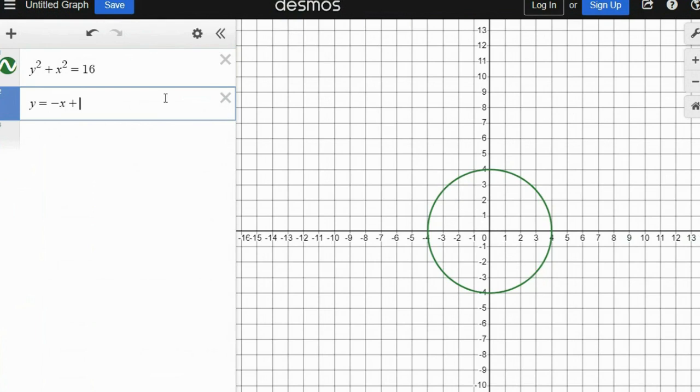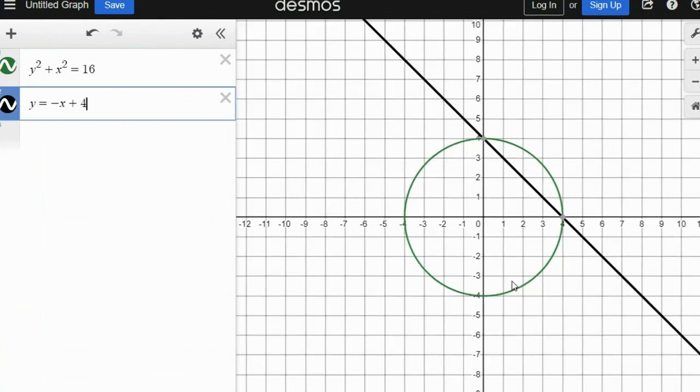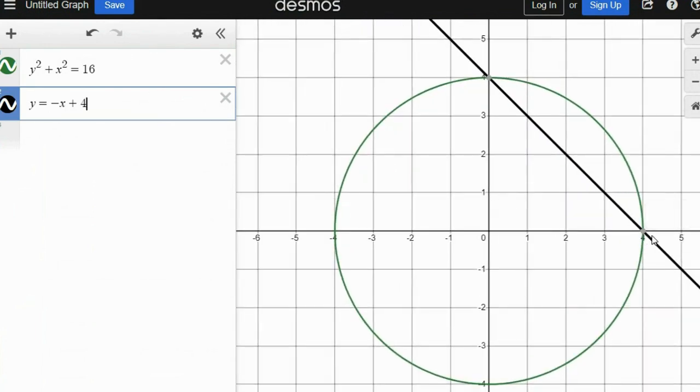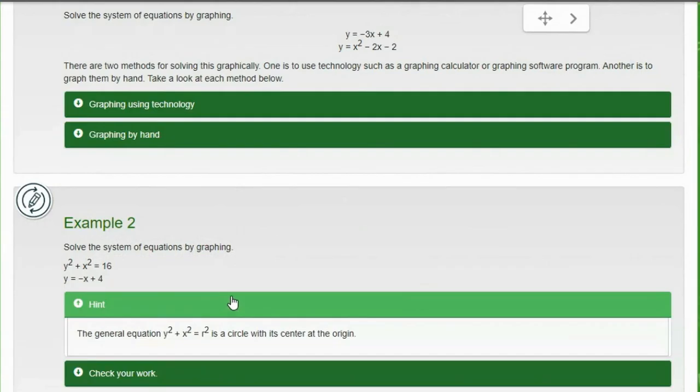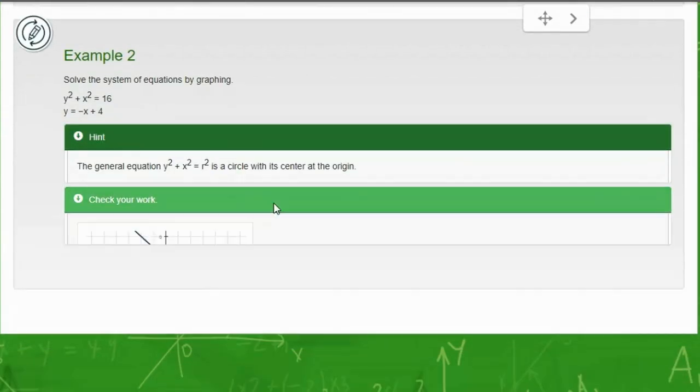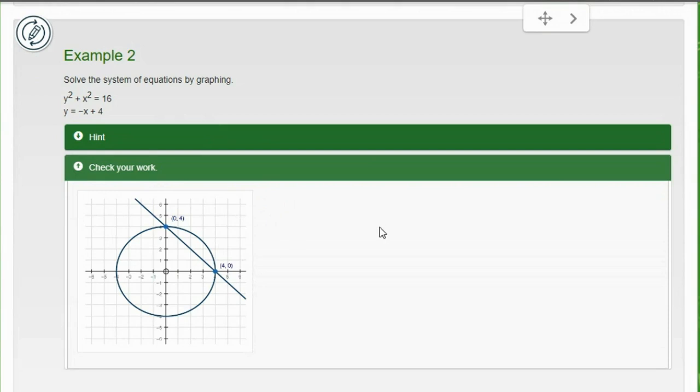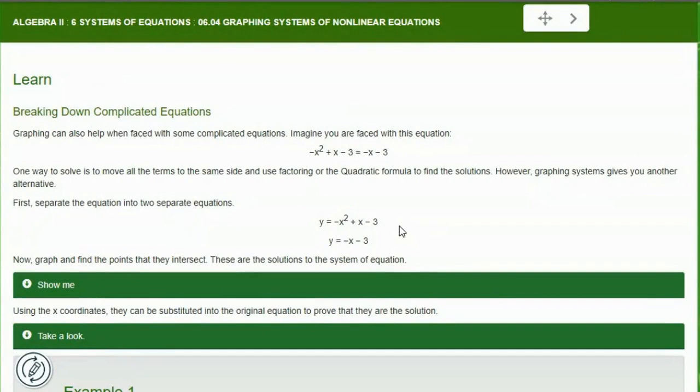Okay, there it is, a circle and a line. This one has 2 solutions, one on the y-axis, one on the x-axis, interestingly enough. So it's a circle with center to origin, and there they graph it. So graphing, a lot simpler.